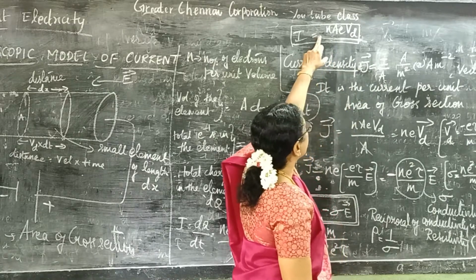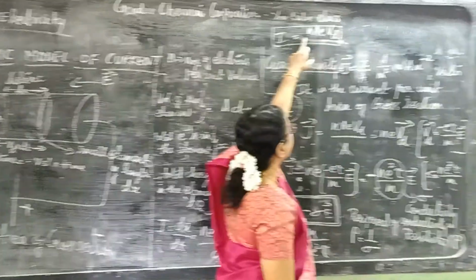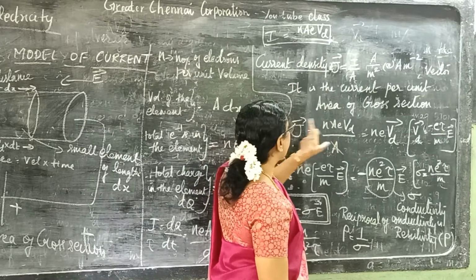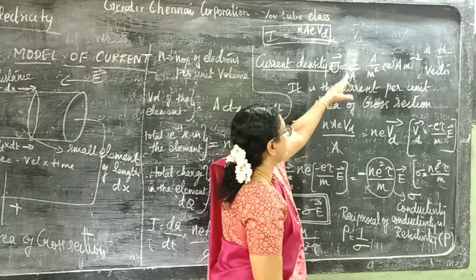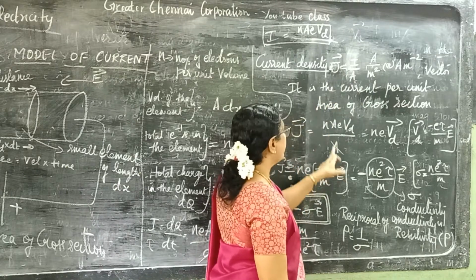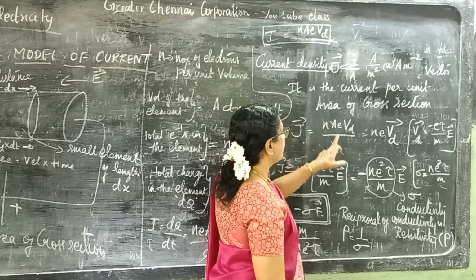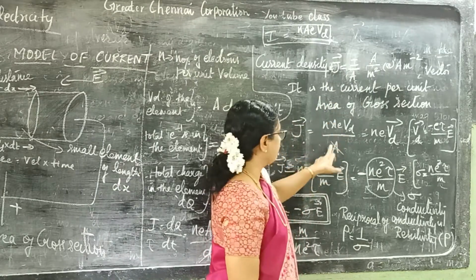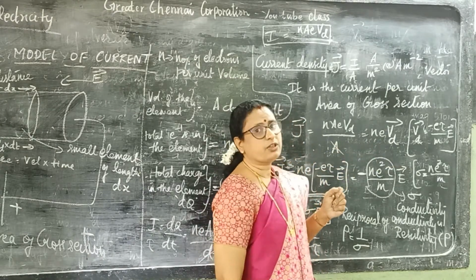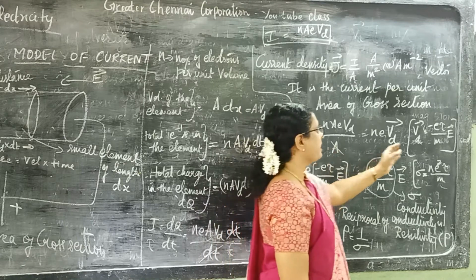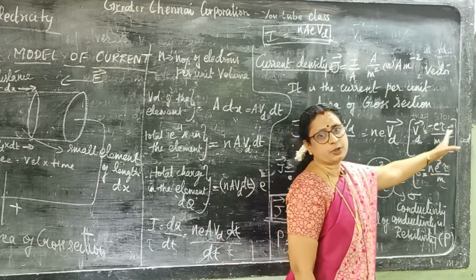You can substitute the I we found previously, n A e Vd, here. So J vector is equal to n A e Vd by A, because J is equal to I by A. So here the A in the numerator and the A in the denominator will get cancelled. You will have n e Vd, and already we have found the expression for drift velocity as minus e tau by m into E vector.